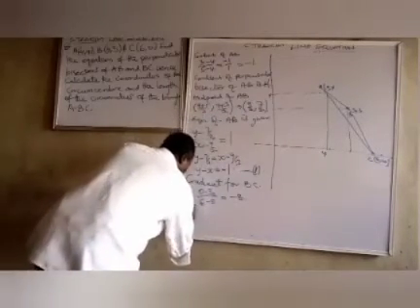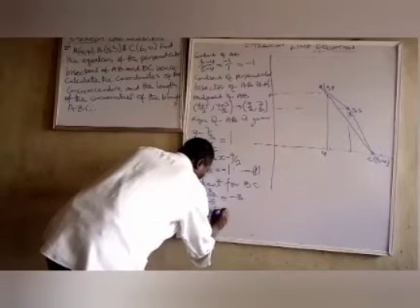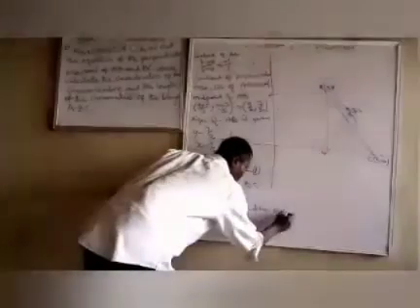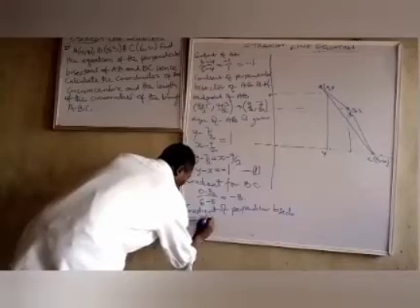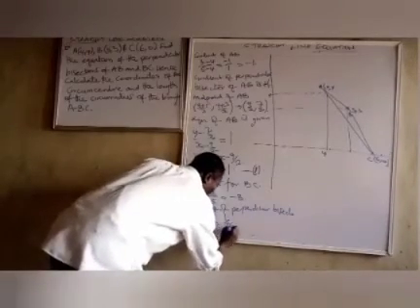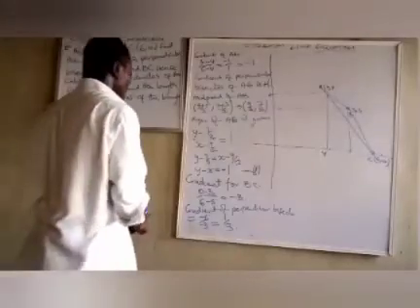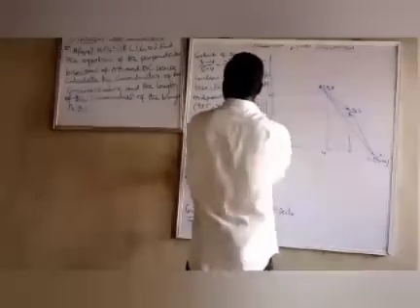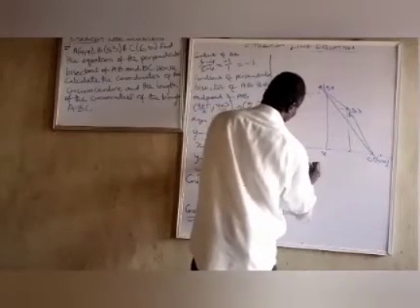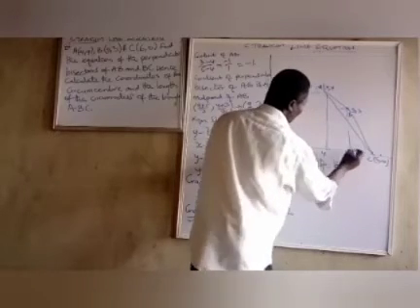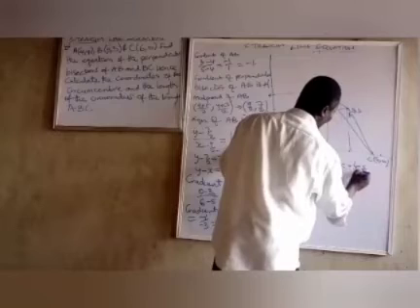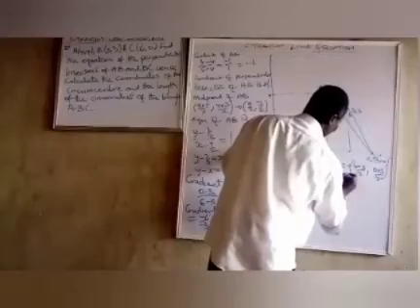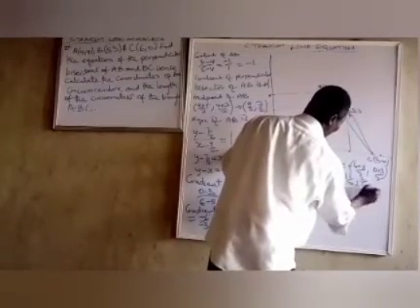So the gradient of the perpendicular bisector will be equal to minus 1 over minus 3, which is equal to 1 over 3. So the midpoint of the line BC will be equal to 6 plus 5 over 2 and 0 plus 3 over 2. So that is 11 over 2 and 3 over 2.